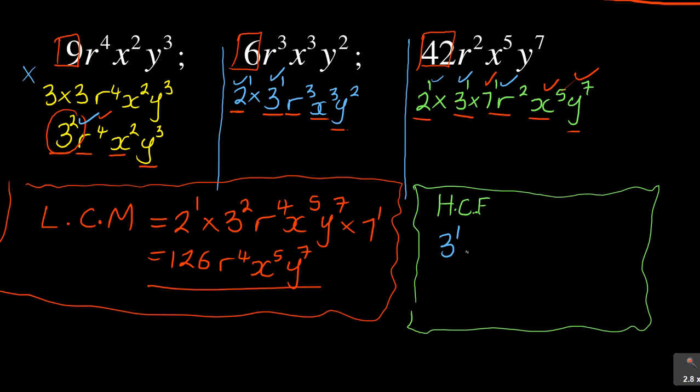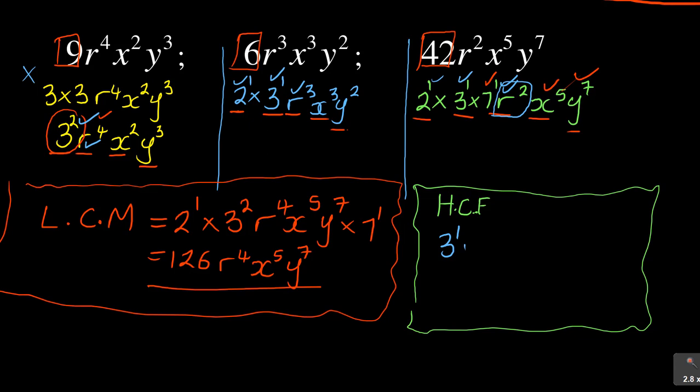And then after that, you have to identify the variables. On the variables, you have got R on the first one, R on the second one, and R on the third one. Now with the highest common factor, you take the smallest powers, and the one that has the smallest powers is R squared.